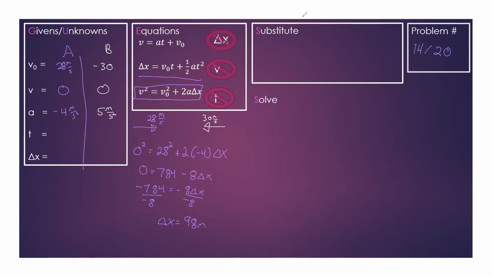So now we can do the exact same thing for train B. 0 squared equals the -30 squared plus 2 times a times delta x. 30 squared is going to be 900.